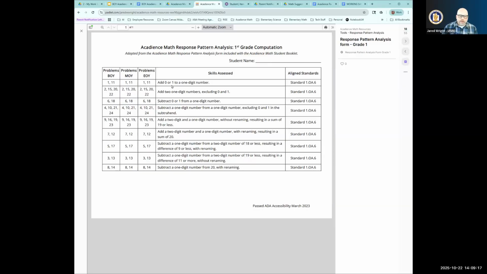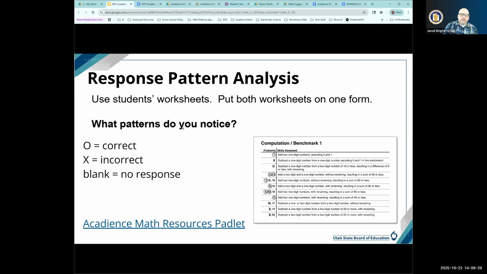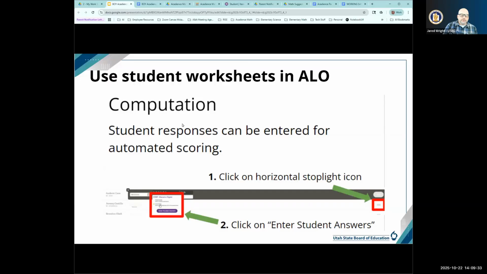So if a student gets it right, you would circle it. If they get it wrong, you would mark an X. And then this allows me to start to see which skills students are showing evidence for as they respond to the worksheets and go through the measure.